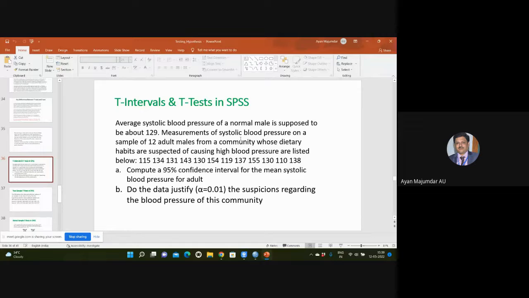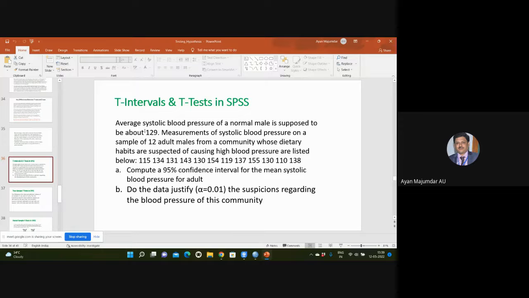Measurements of the systolic blood pressure on a sample of 12 adult males from a community whose dietary habits are suspected of causing high blood pressure are listed. So from a group, 12 males' blood pressure has been taken. The blood pressure is supposed to stay up to 129, that is the average blood pressure.